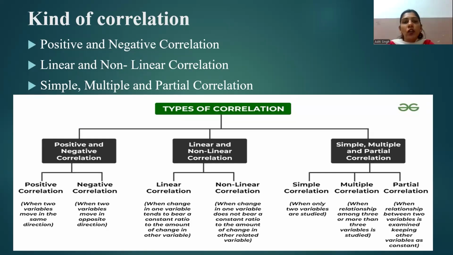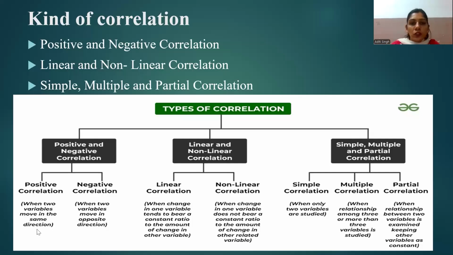As we have already discussed, correlation is used to study the relationship among two or more variables. Positive correlation is when two variables move in the same direction.